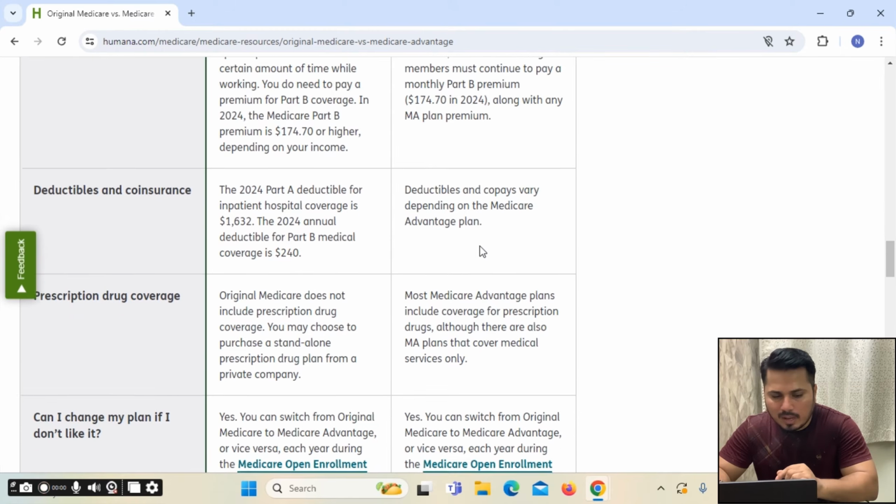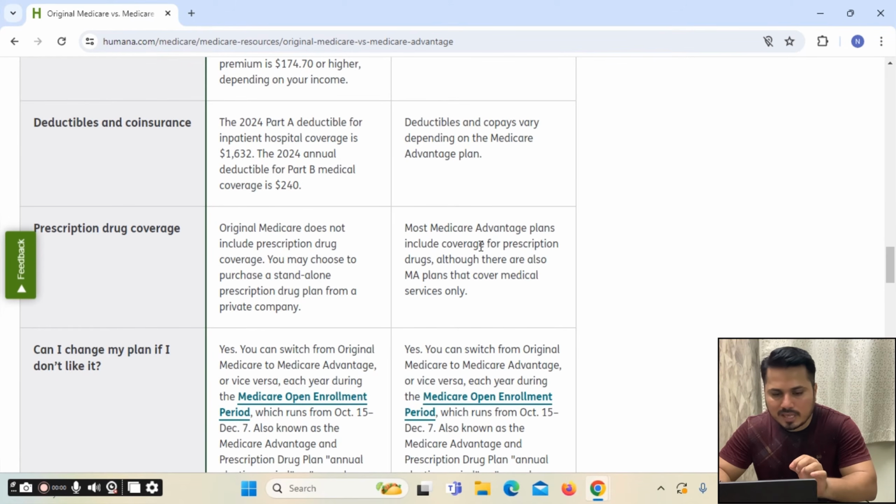All right. Now let's understand deductibles and co-insurance. In 2024, the Part A deductible for inpatient hospital coverage is $1,632. The 2024 annual deductible for Part B medical coverage is $240. Deductibles and co-pays vary depending on the Medicare Advantage plan.